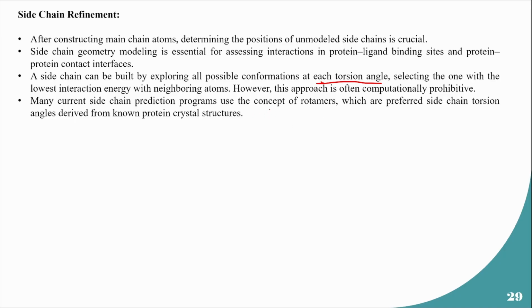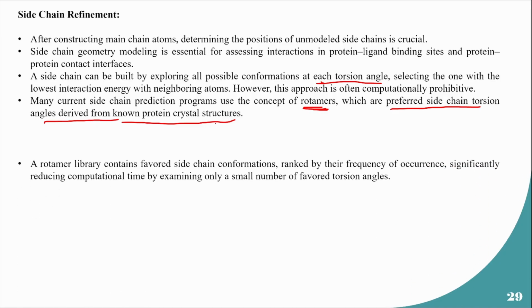Nowadays, the main approach that people take is to use different rotamer libraries. These are side chain torsion angles derived from already known protein crystal structures. From those rotamer libraries, they try to identify which phi, psi and other torsion angles these side chains can exhibit if they are present in this sequence pattern.